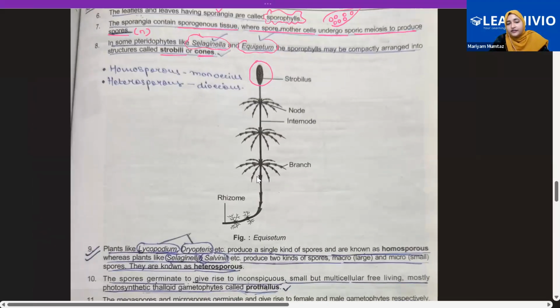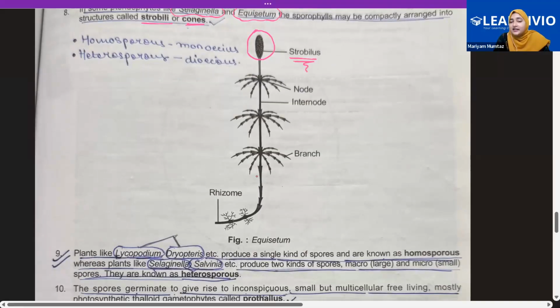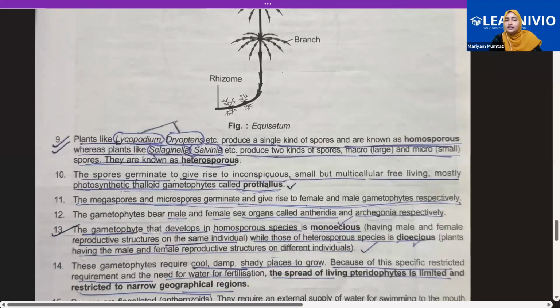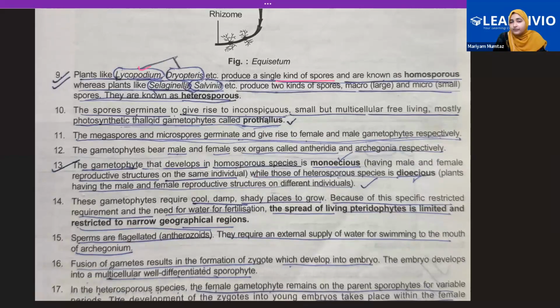Now see, this is the structure of Equisetum, wherein you can see the branches, the nodes and the internodes, and then there is this cone-like structure wherein the leaves have condensed or fused or got compactly arranged to form the strobilus, or you can call it the cone. In plants such as Lycopodium and Bryopteris, they produce a single kind of spore, so they are called homosporous.